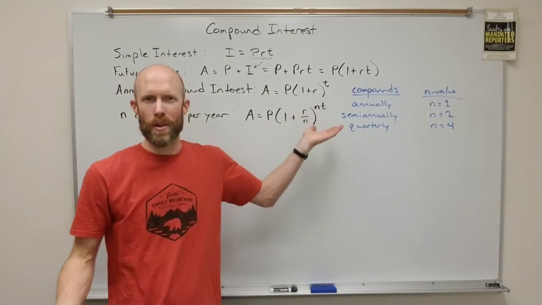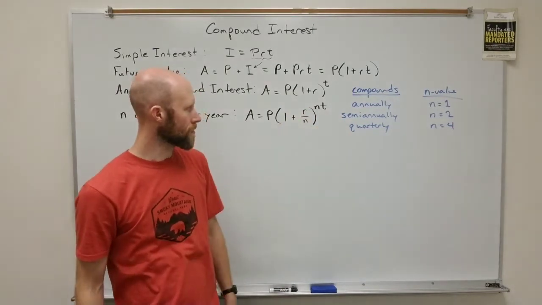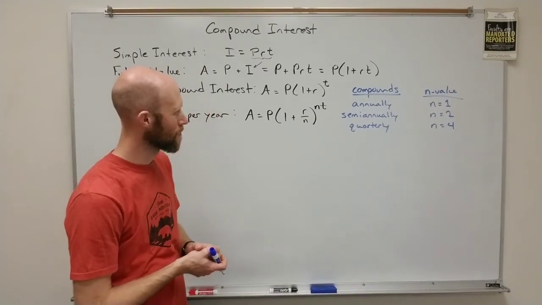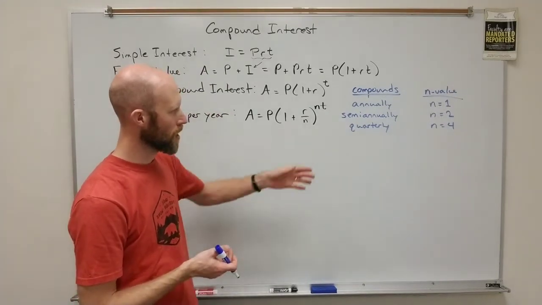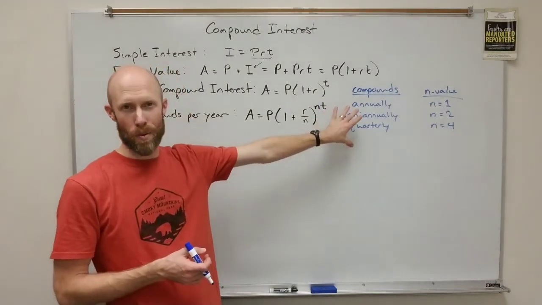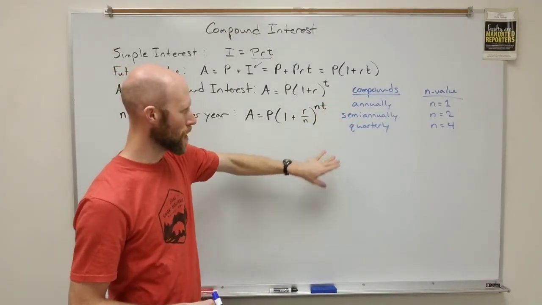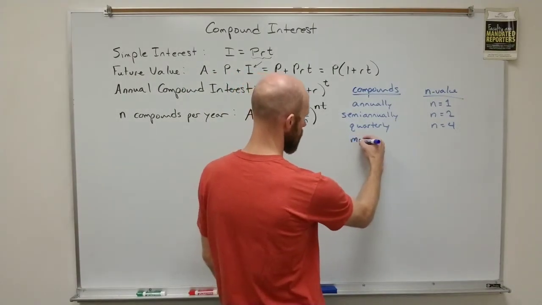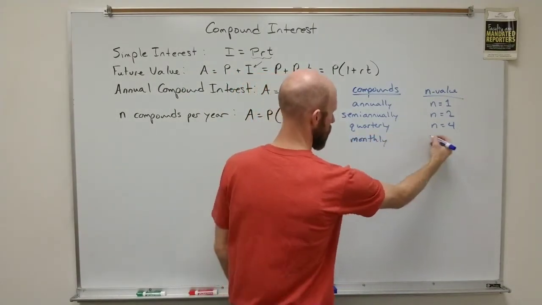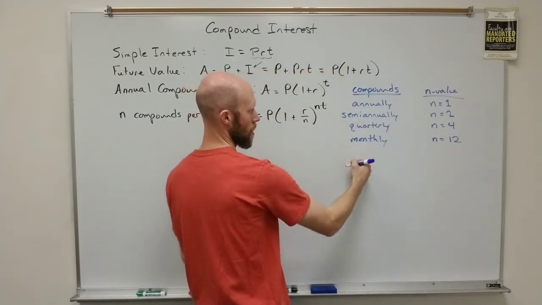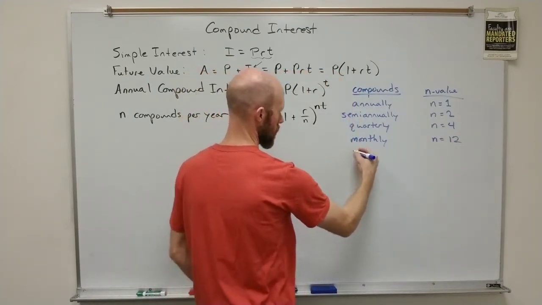You could, in theory, have every third of the year or something. But anyway, these are some popular ones, I should say. So annual, semi-annual, quarterly. You might see monthly. Monthly is a 12. Weekly.